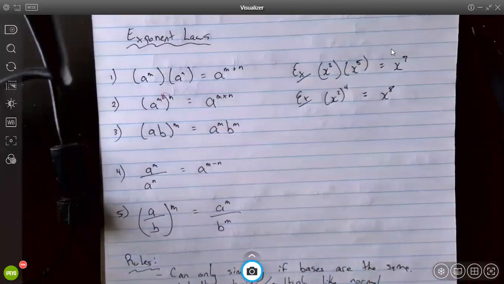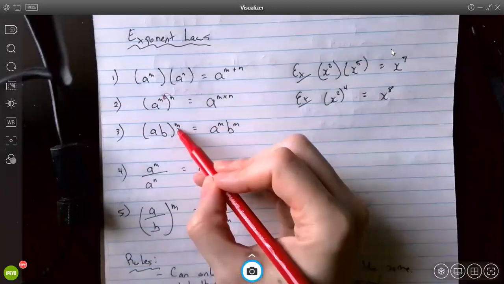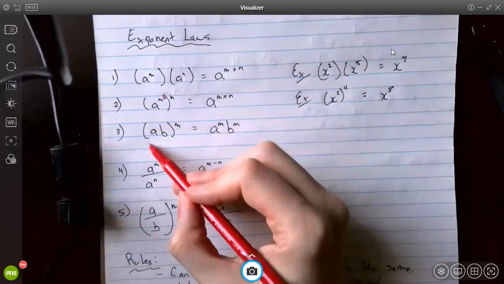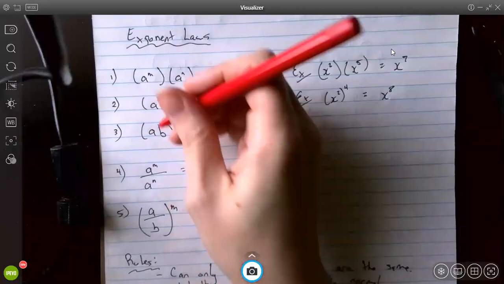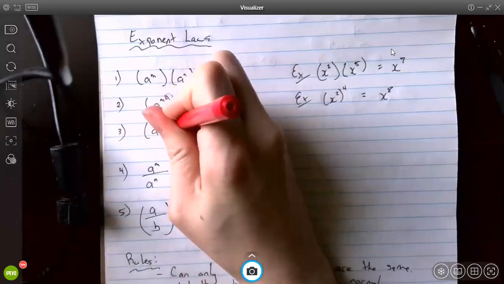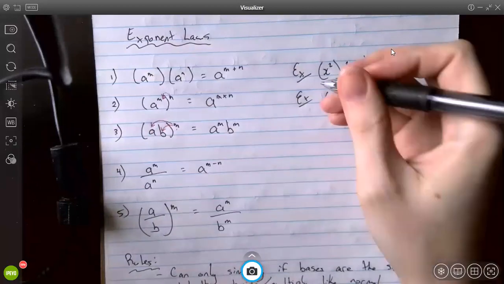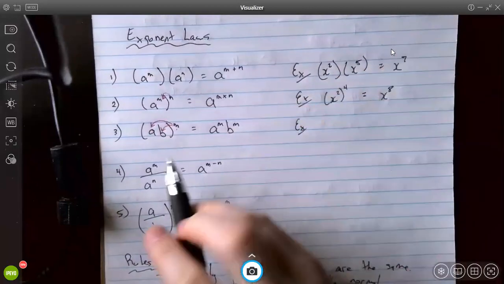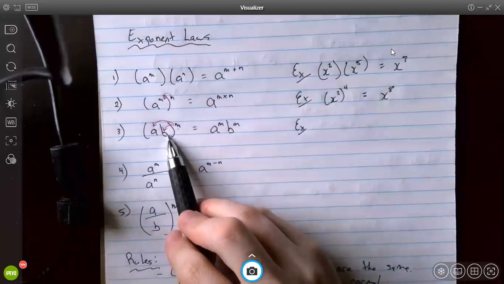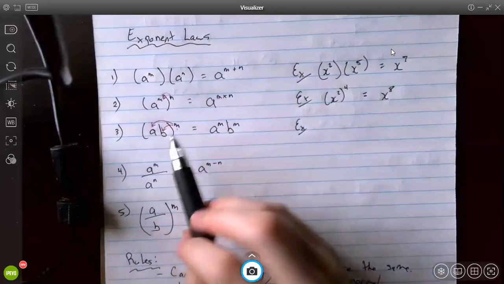If you have an exponent outside of a bracket, it always gets applied to everything inside of the bracket. It could be that one of these is a number and one is a variable, or they could both be variables.